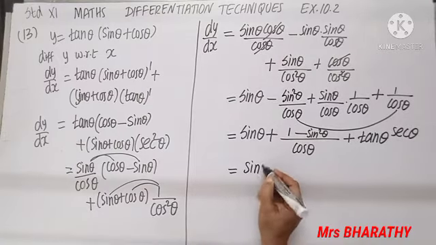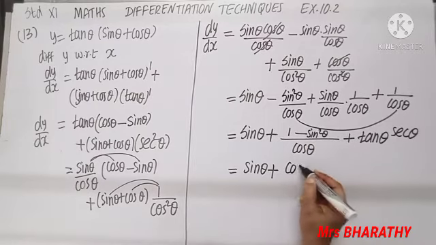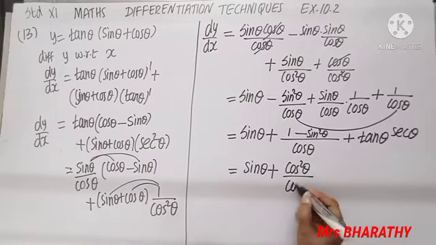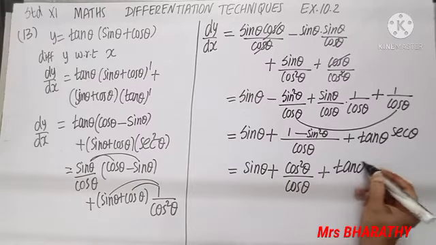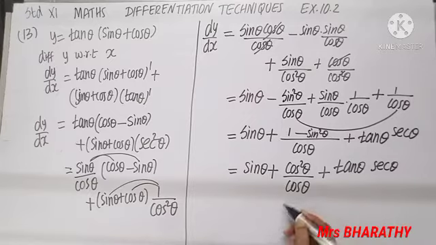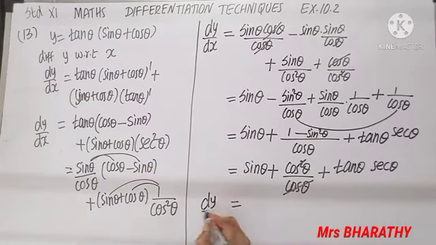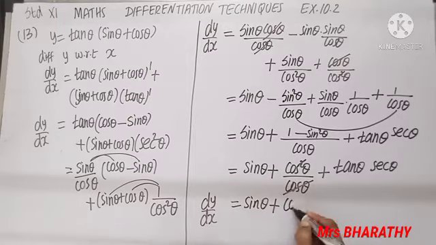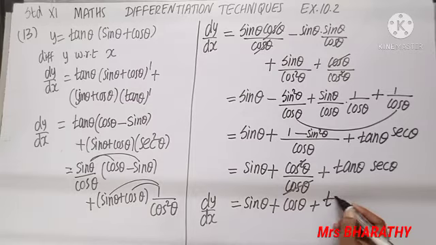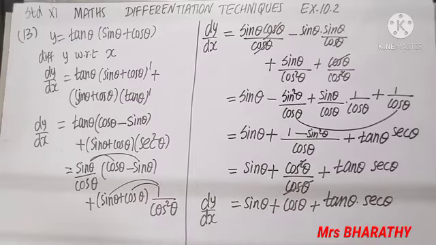So my answer is sin theta plus 1 minus sin square, which is cos square theta by cos theta, plus tan theta into secant theta. Cancelling one cos, we are left with dy by dx is sin theta plus cos theta plus tan theta into secant theta, and that is the final answer.